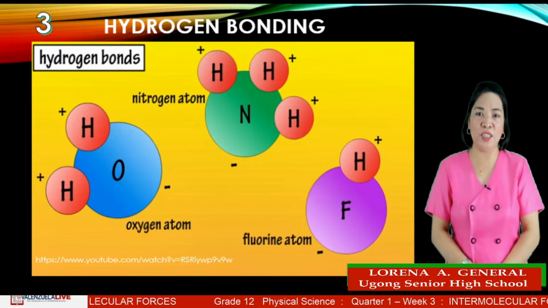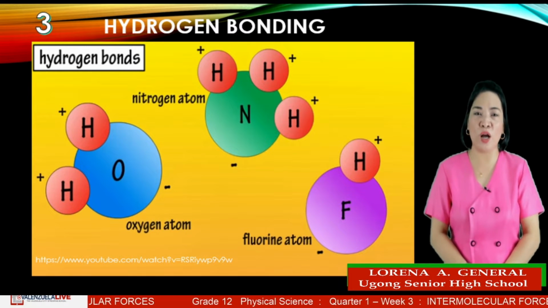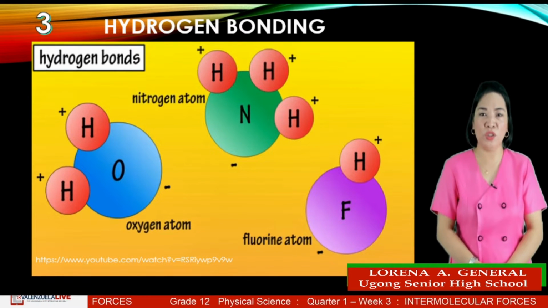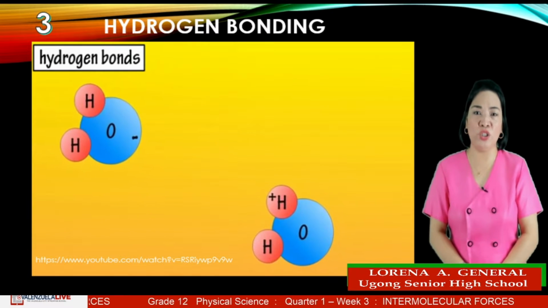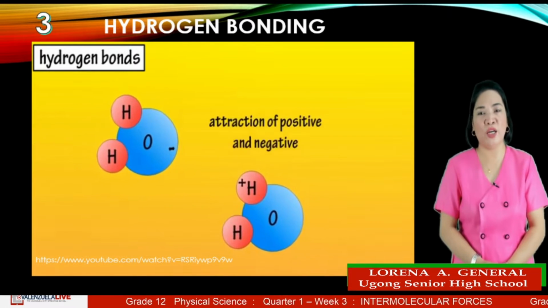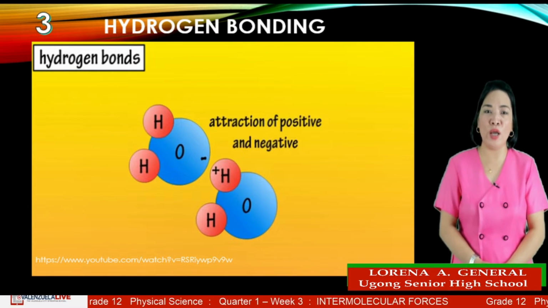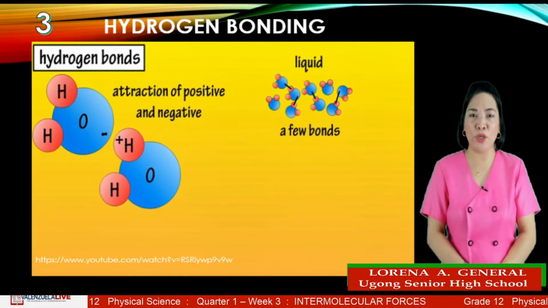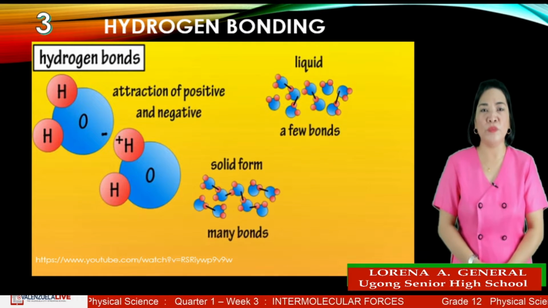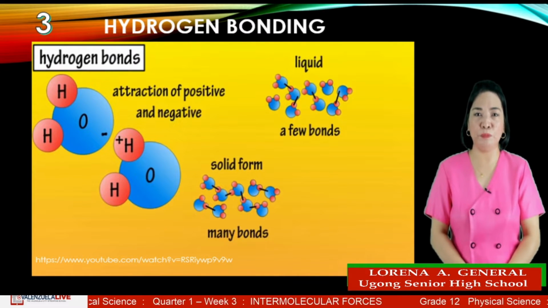Hydrogen bonding is a relatively strong force of attraction between molecules, and considerable energy is required to break hydrogen bonds. This explains the exceptionally high boiling points and melting points of compounds like water and hydrogen fluoride.